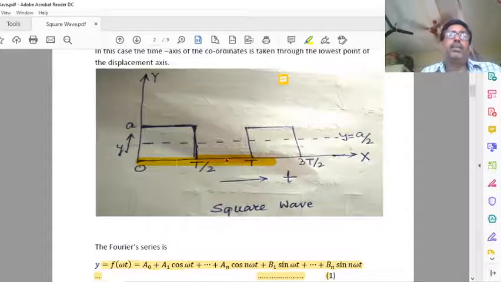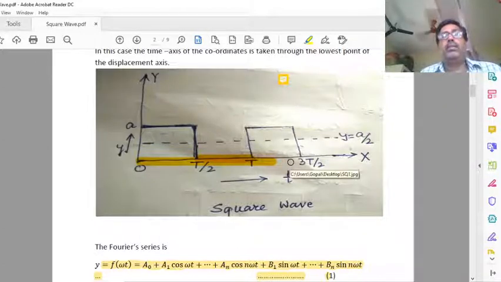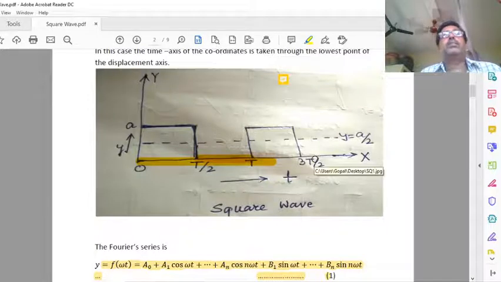Here the time axis of the coordinate was taken through the lowest point on the displacement axis, but this is not true.